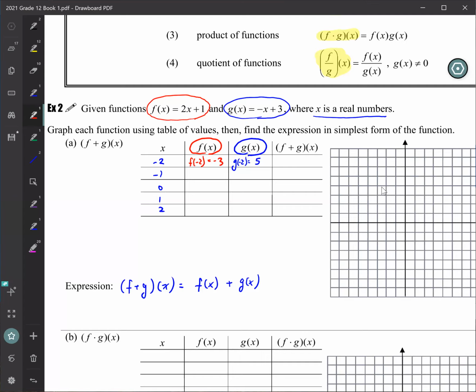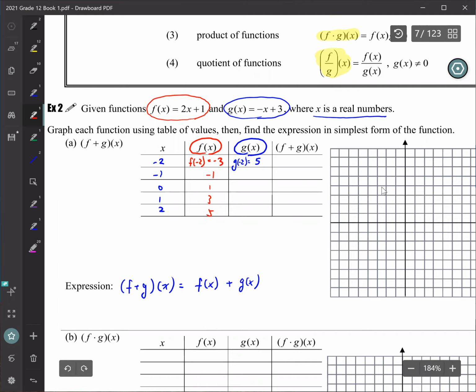Okay, so let's check the numbers for the function f. Waylon, what's your answer for x equal -1? I got -1. Okay, you can continue, next one, 0. 1, and then 3, yeah, and then 5.